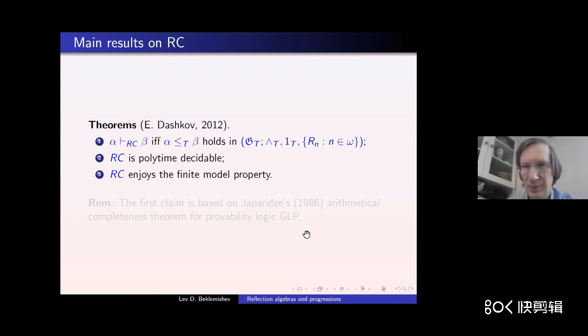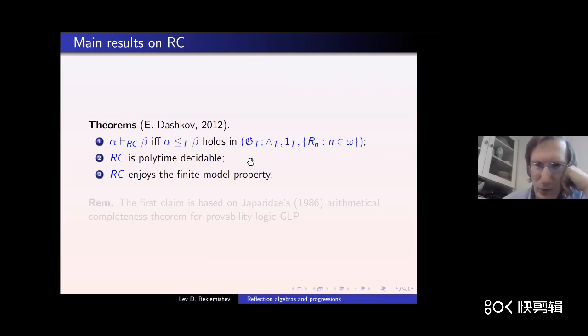Which means in particular that the identities derivable in RC are precisely those identities which hold in this algebra. So RC gives a complete answer to this question.